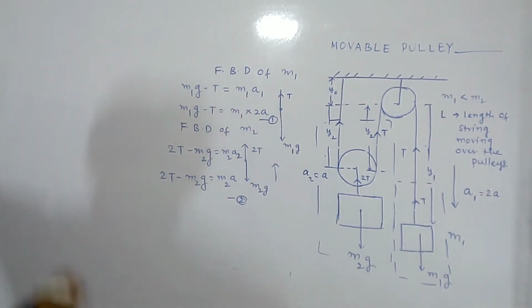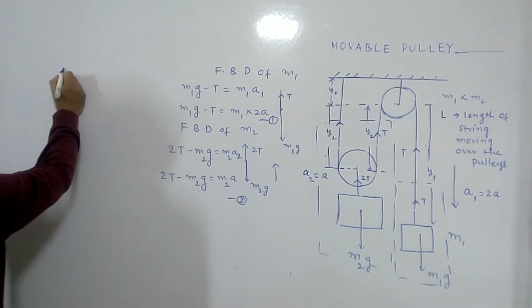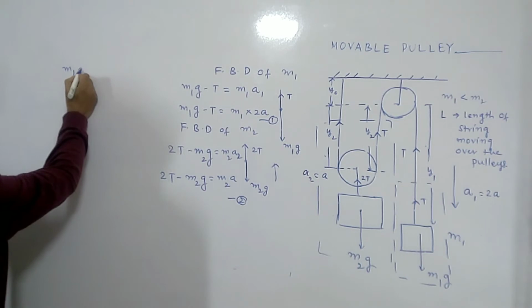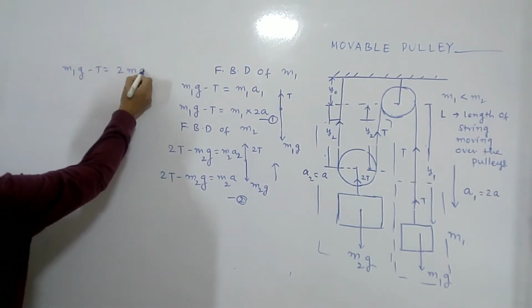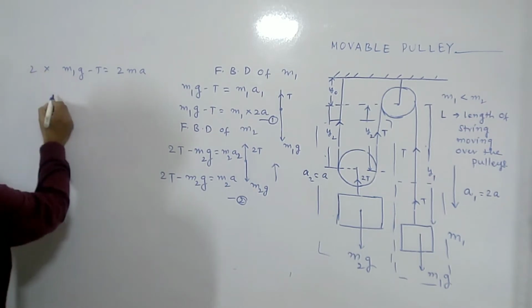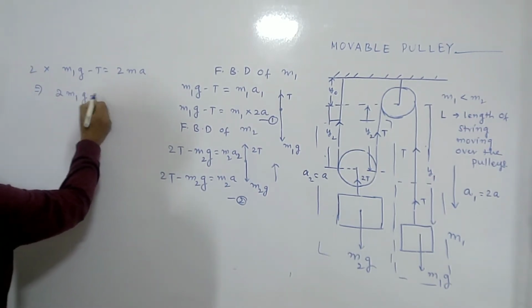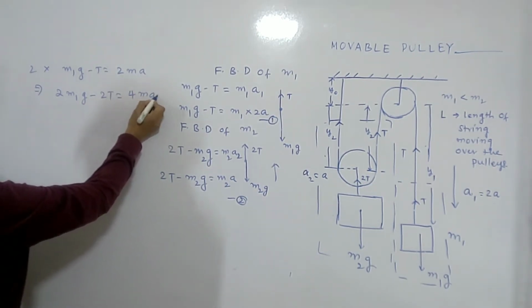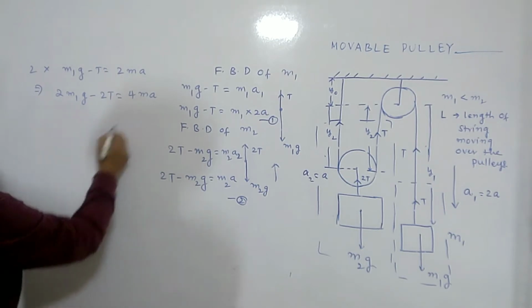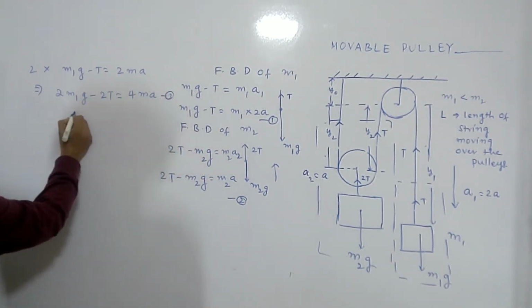Okay, students, we have to add these equations. It is m1g minus T is equal to m1 into 2a. Multiplying with 2, what do I get? 2m1g minus 2T is equal to 4m1a. Say it as 3, and we have this equation 2.